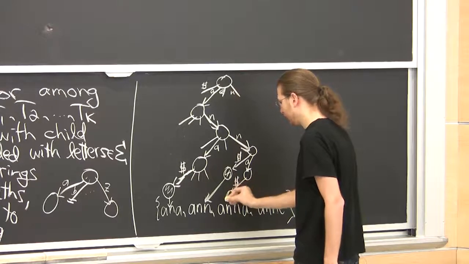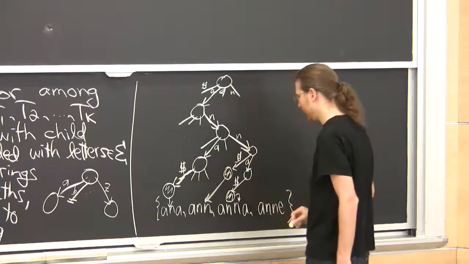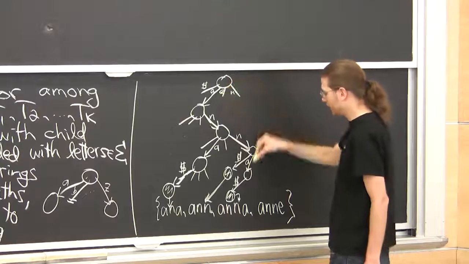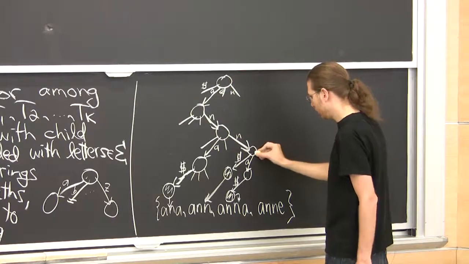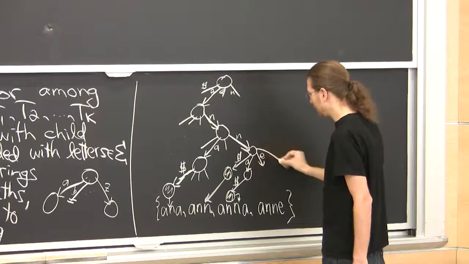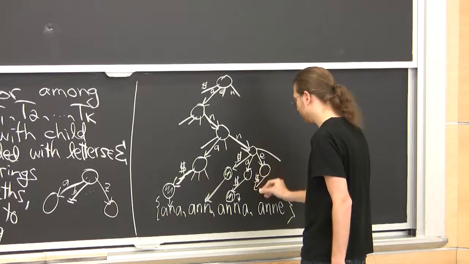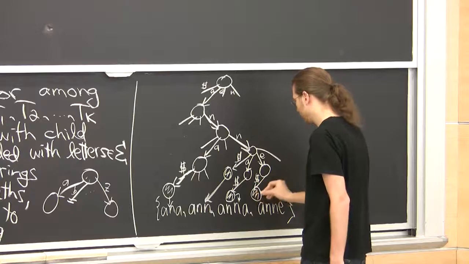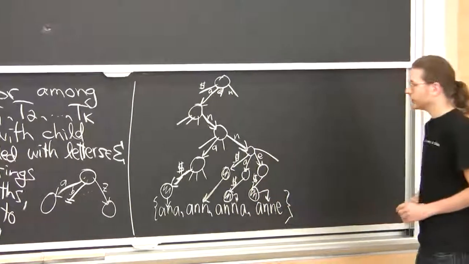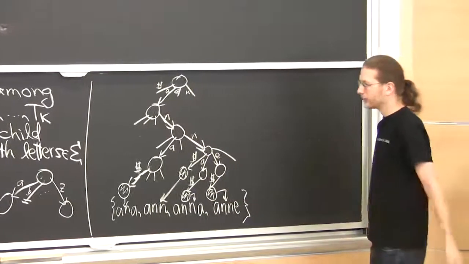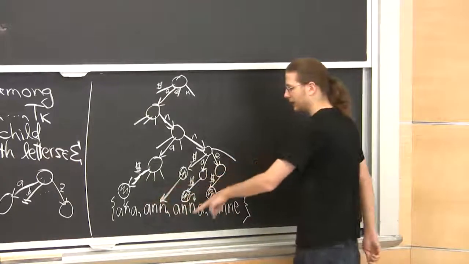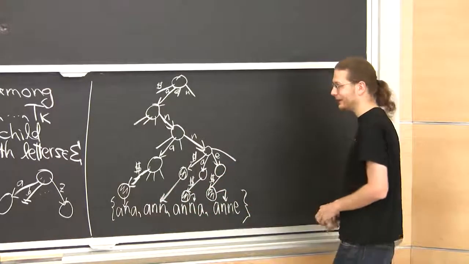And then we have a leaf corresponding to A-N-N-A, or it could be we have an E next, and then we're done. Okay, not very exciting, but that is the trie representation of ANA, ANN, ANNA, and ANNE.